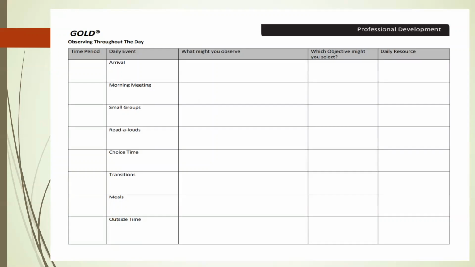Here you can see broken down the different times of day, the daily events. You can write in what you might observe during those times, which objectives you might observe during those times of day, and then what resources you might need.